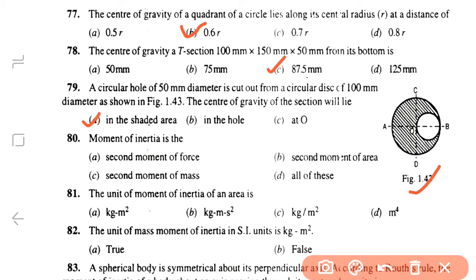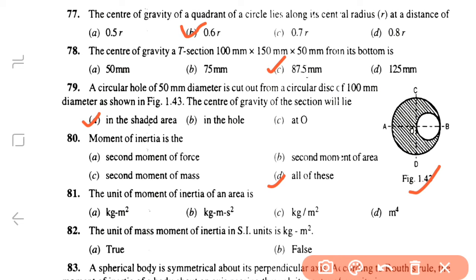Next is question 18. Moment of inertia is the, here friends, these are the options, and here option D, all of these, is the correct answer, that is, moment of inertia is the second moment of force, moment of inertia is the second moment of area, moment of inertia is the second moment of mass.